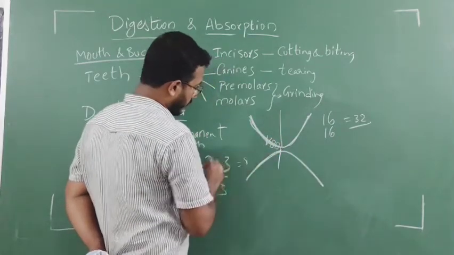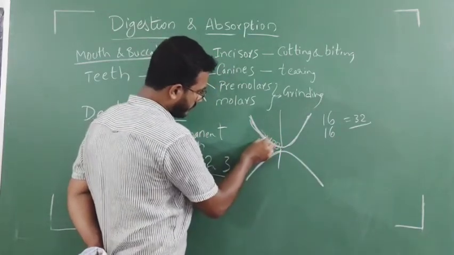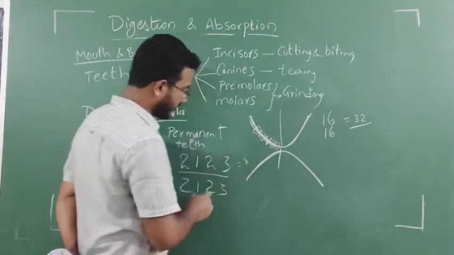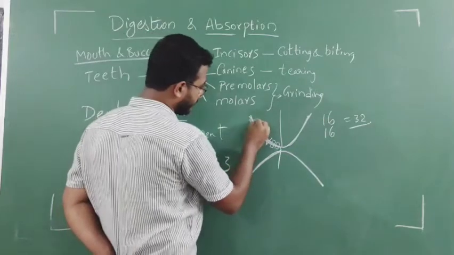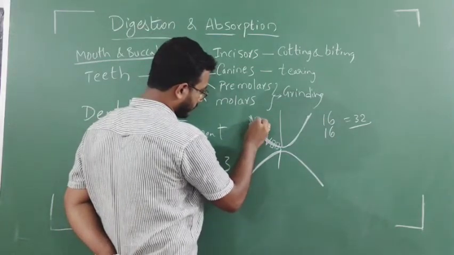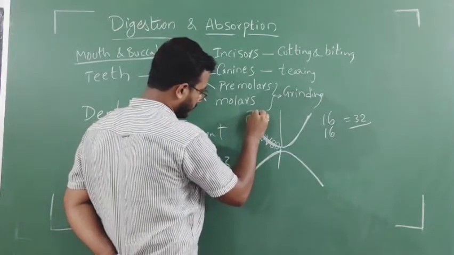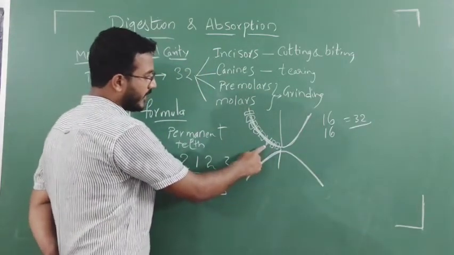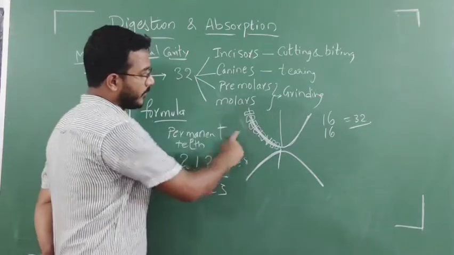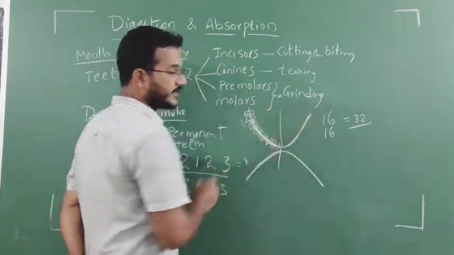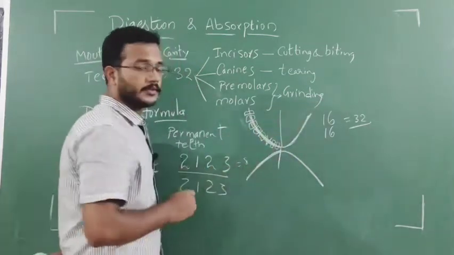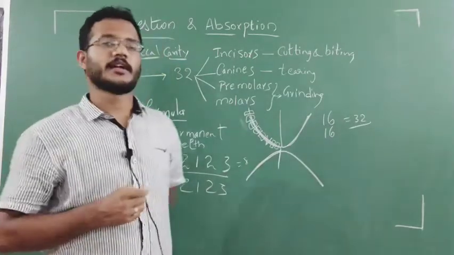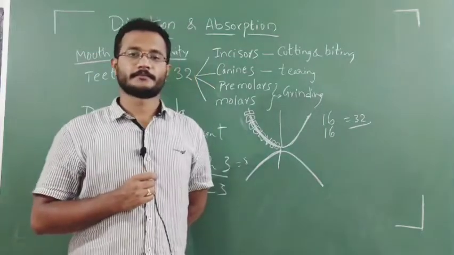And 2 premolars and 3 molars. Like this. See here, 2 incisors, 1 canine, 2 premolars and 3 molars. And the same like this, and the lower same like this. So total 32 teeth. This is the description of the dental formula.